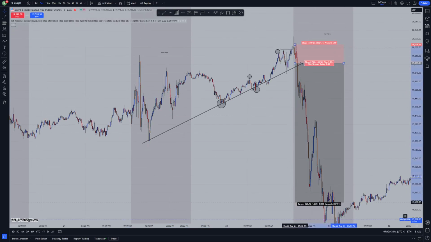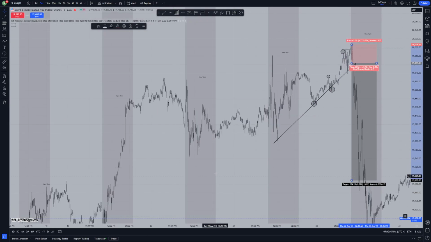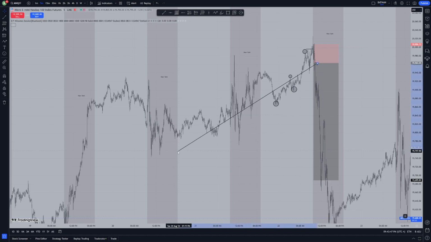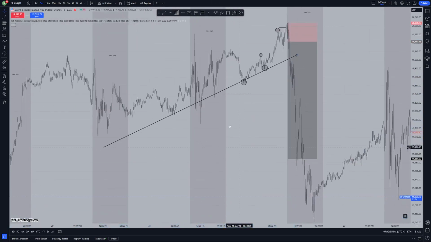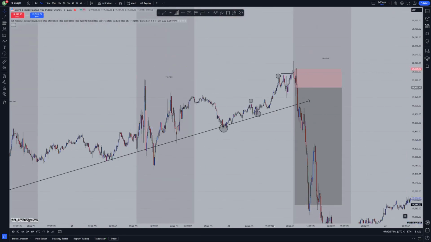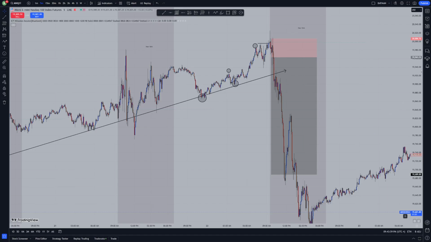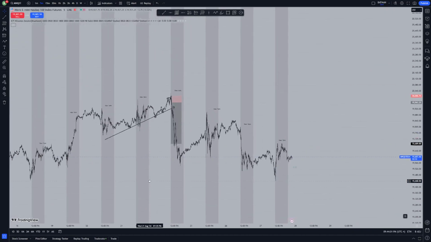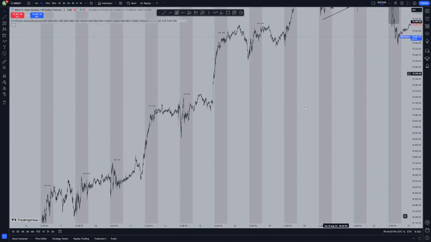See how far this sell off was? Because it's full of money all the way. Pretty much all of this trend right here, full of money, just liquidated, just like that. Crazy, right?